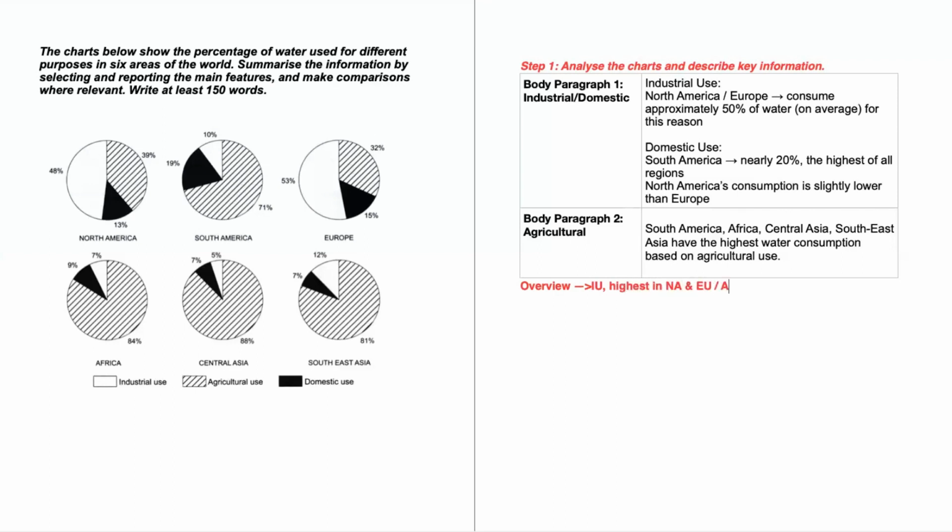And then we see agricultural use is highest in the other 4 regions. This is the most prominent general information included in the pie charts, and we do not have to include anything else in our overview because it's not as general of a trend as these 2 features right here.